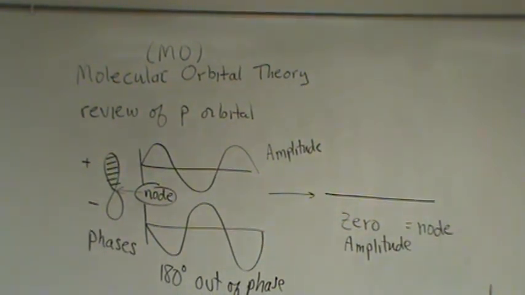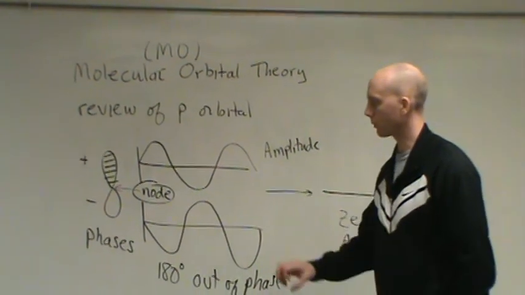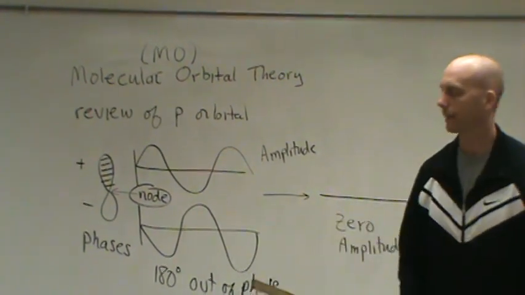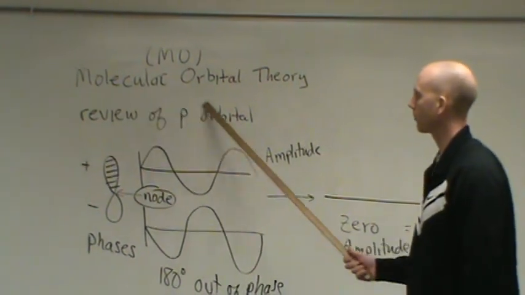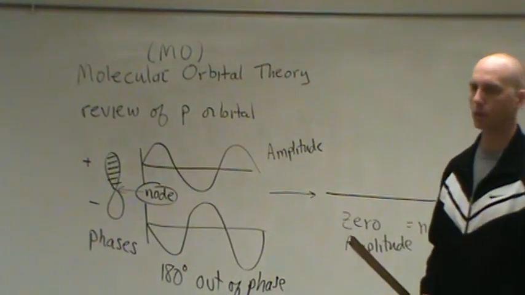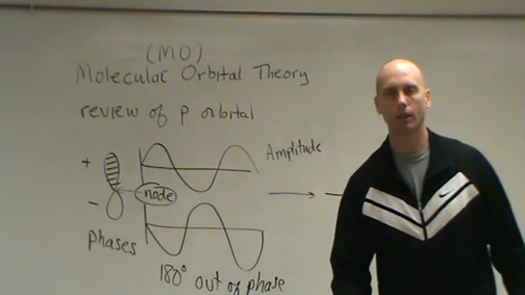So what we're going to do is use this theory of the p orbital and start looking at it an extra step by seeing how it's included in what we call molecular orbital theory. We'll pick up on that in our next lecture.